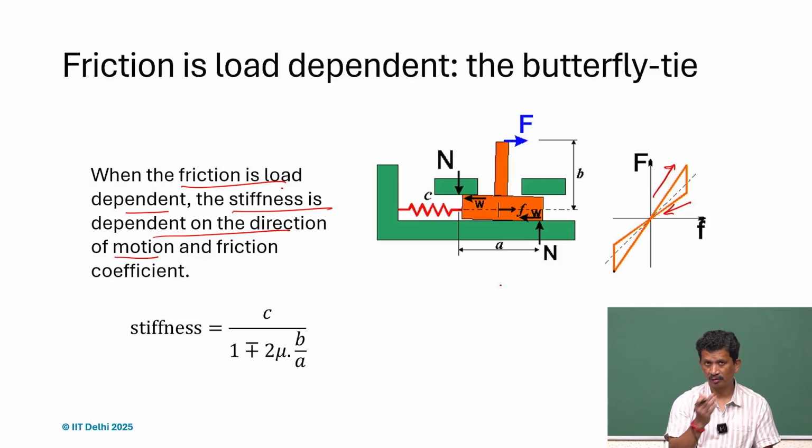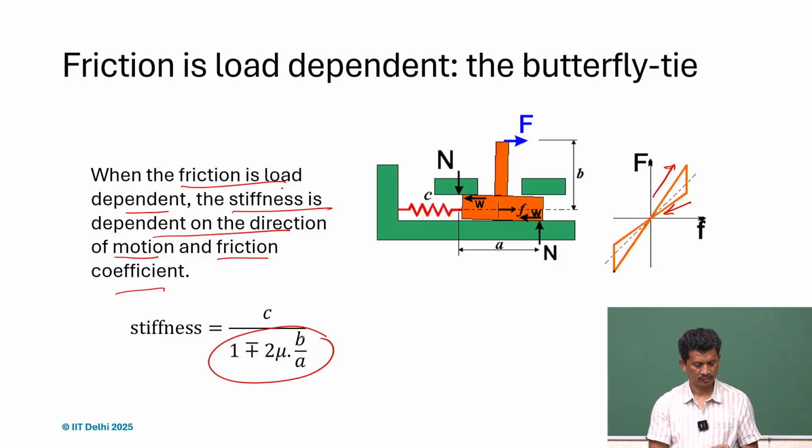As it's moving towards the left, it has a different value and is also a function of the friction coefficient. So this is not constant, it's changing. And it happens when we are applying force which is away from the guides.